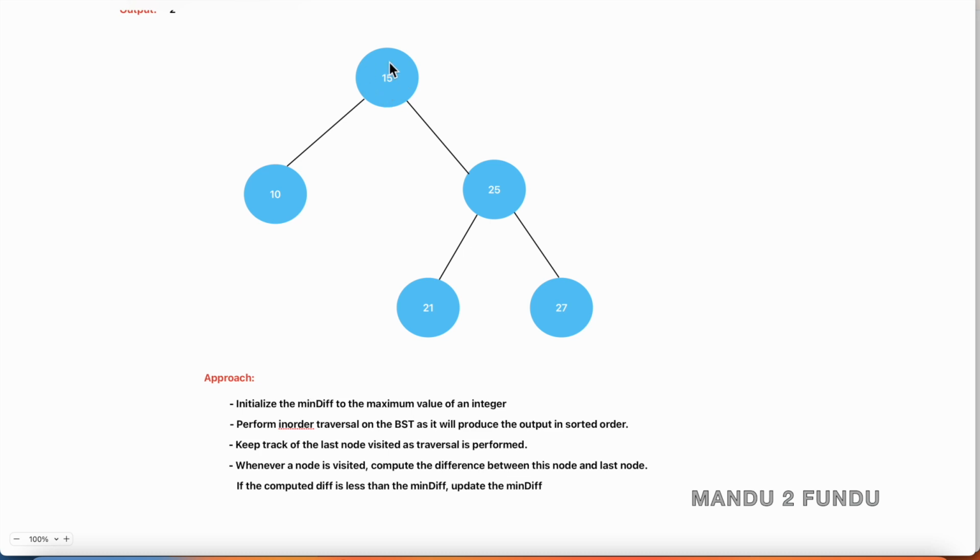For example, when we are here, the previous points to 10. At that time we compute the difference and check against the minimum difference variable. And we traverse the entire tree. Finally, we get the minimum value.